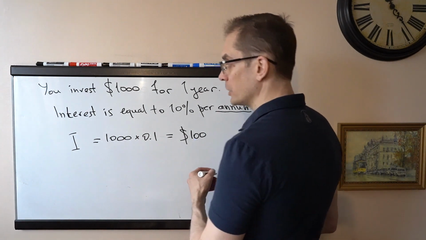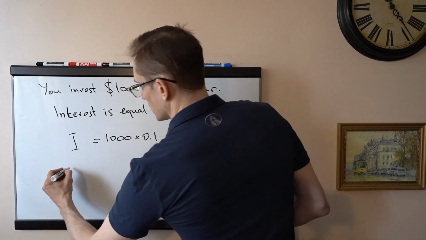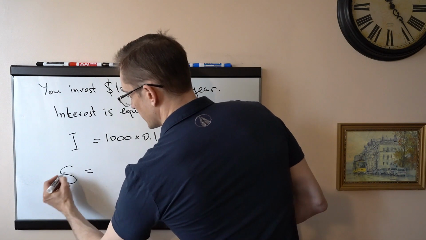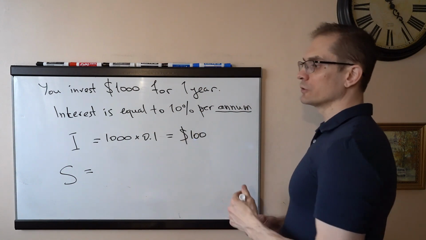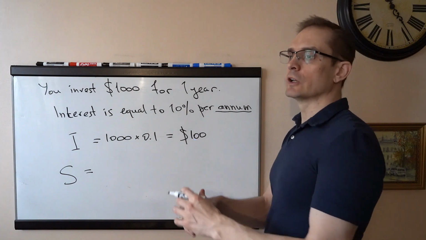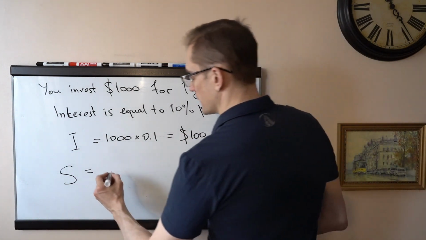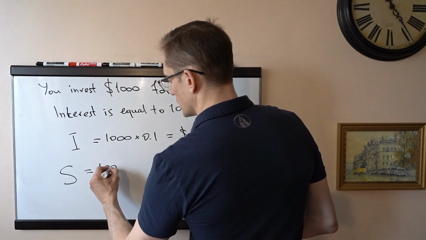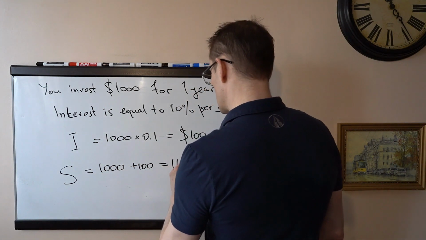As a result, when you actually come to pick up your investment after 1 year, let's call this S, and this S will mean the future value, or the amount of money that you will pick up: your original principal together with interest. That will be, of course, 1,000 plus 100, so 1,100.